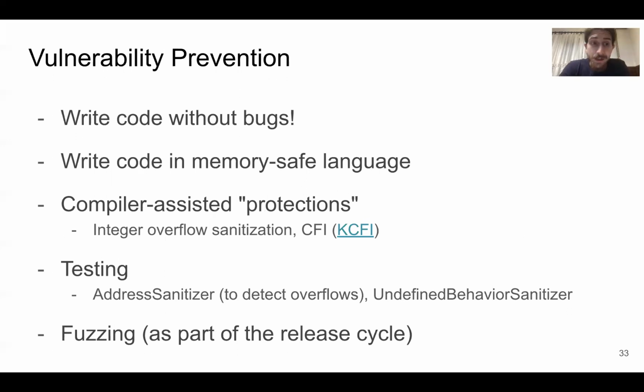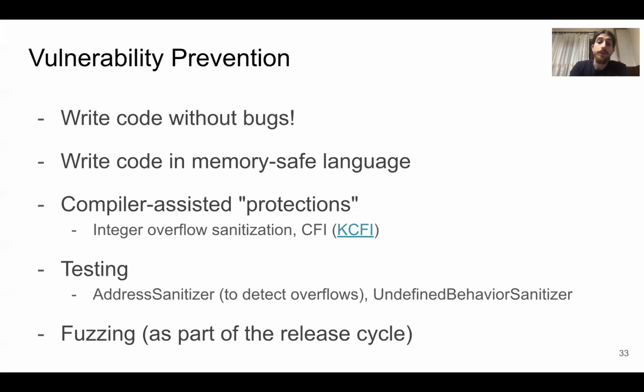One other technique is to write code in memory safe languages. This is great, and there is a good trend. People are starting to use languages like Rust or Go, which somehow eliminate many of these memory related problems. And they are not as dangerous as C++. Many people use Python, Java, and so forth.